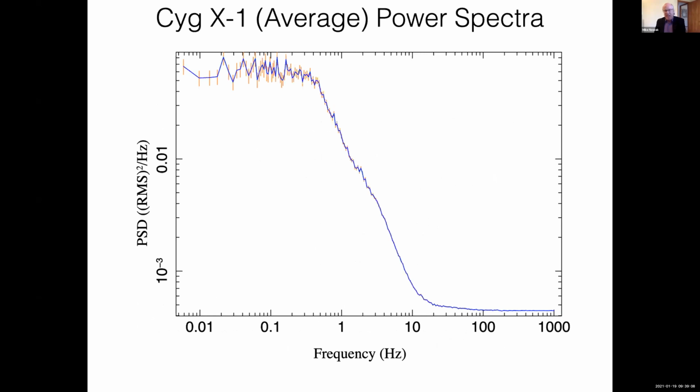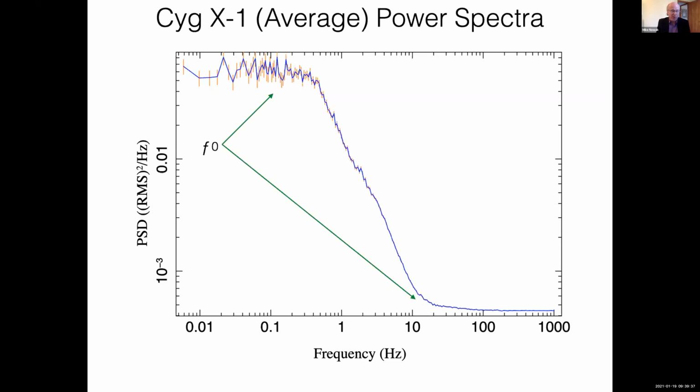So here is that same Cygnus X1 light curve from the NICER spacecraft. Now I've taken the power spectrum in these roughly 200 second segments up to a frequency of 1,000 cycles per second. And you can see here that we have flat parts at low frequency and high frequency.